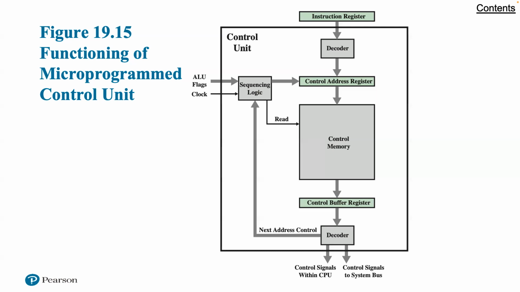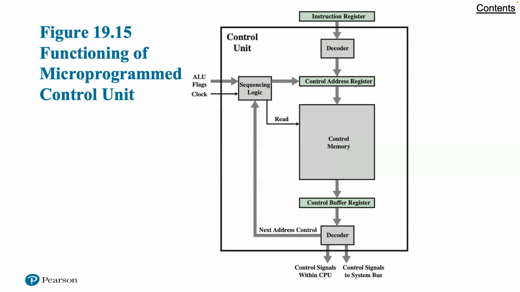Figure 19.15 shows two modules labeled decoder. The upper decoder translates the opcode of the IR into a control memory address. The lower decoder is not used by horizontal microinstructions, but is used for vertical microinstructions. As was mentioned, in a horizontal microinstruction, every bit in a control field attaches to a control line.